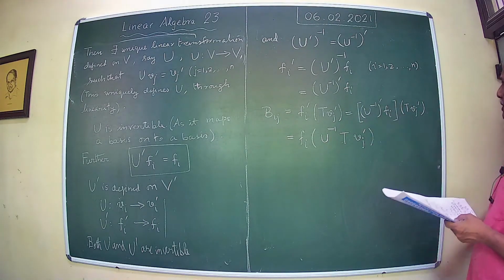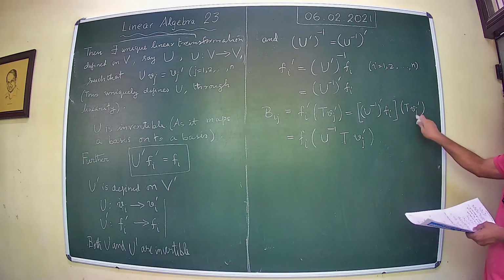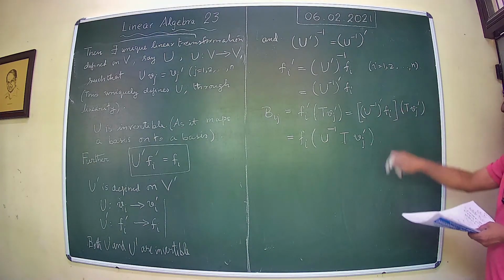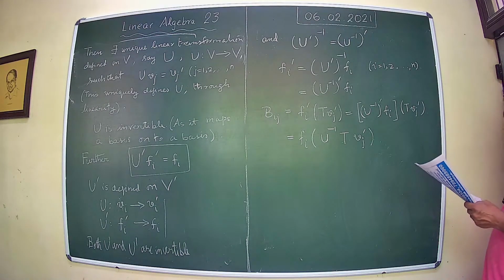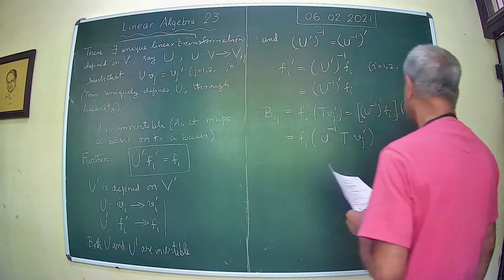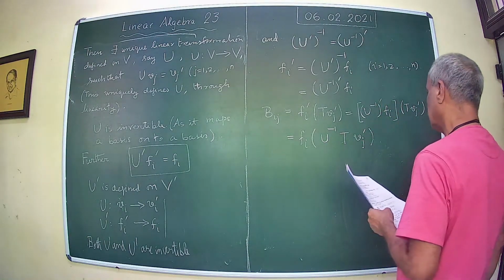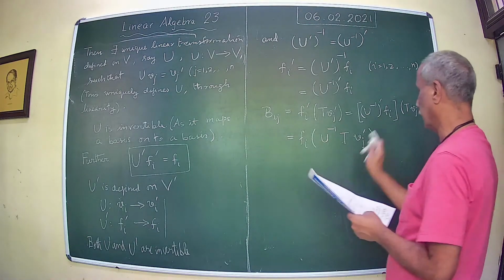Let me work with this. Okay, so Fi of T Vj prime, you write in terms of this. Okay, so what do we have? Fi of T Vj prime. Okay, so that's it.